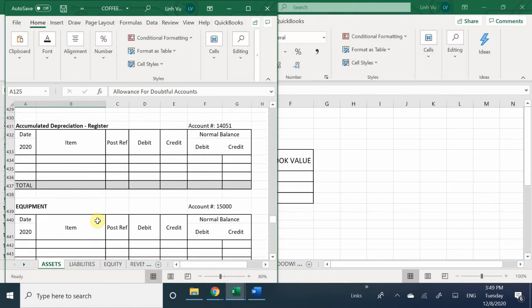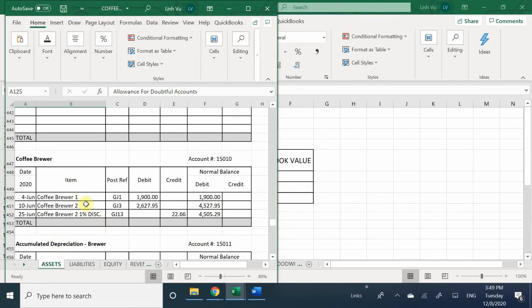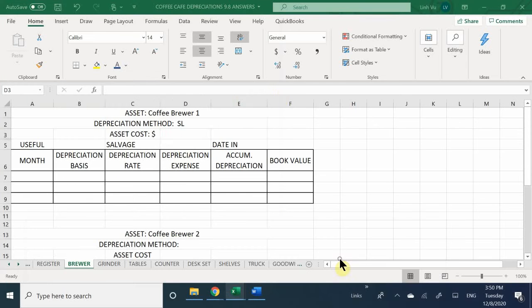Good. We can find that information in your ledger: coffee brewer number 1 was in for the cost of $1,900. Salvage value, they said there was none. Useful life for the first one is only 3 years remaining. And then lastly, the date that you placed into service.